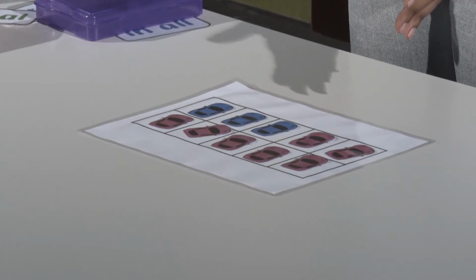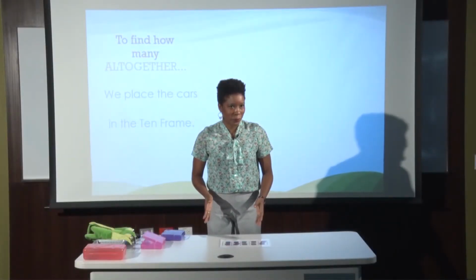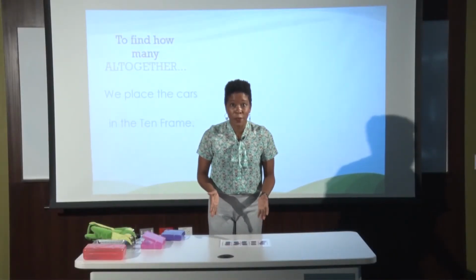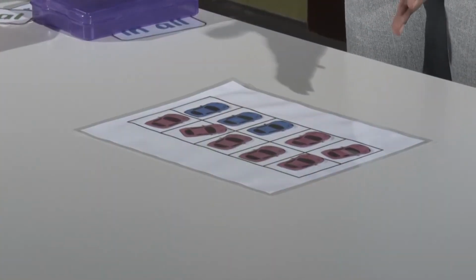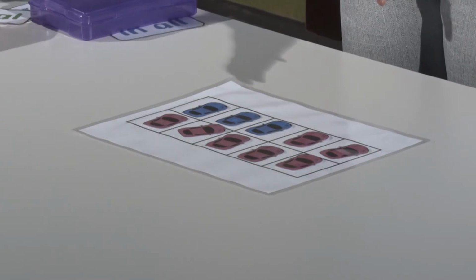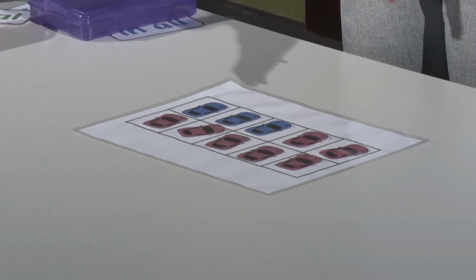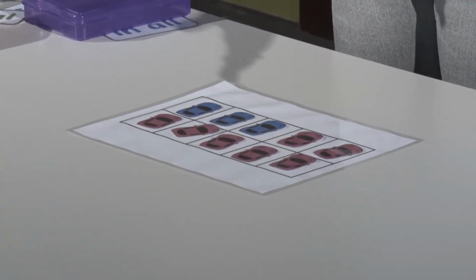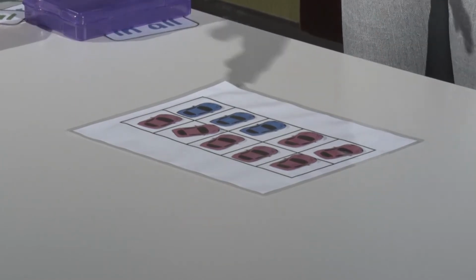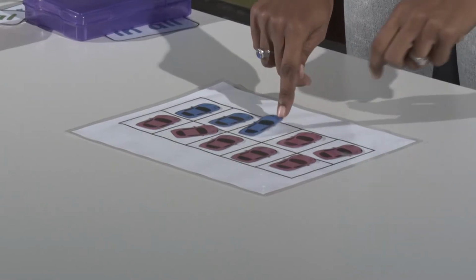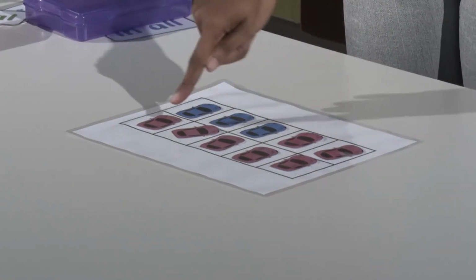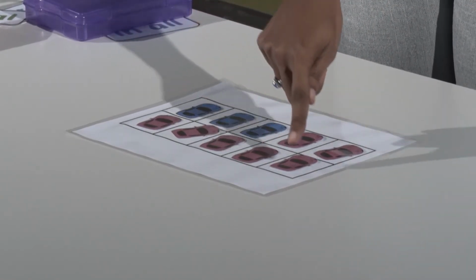Do you notice something about my 10 frame? My 10 frame is filled. So, 3 blue cars add 7 pink cars equal 10 cars all together. 1, 2, 3, 4, 5, 6, 7, 8, 9, 10.